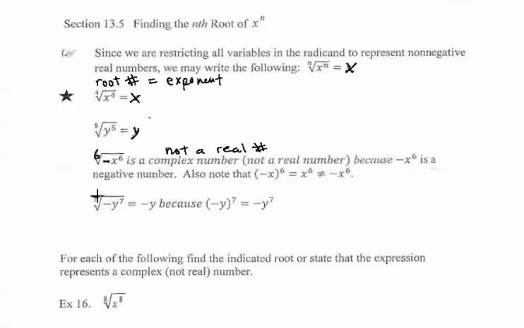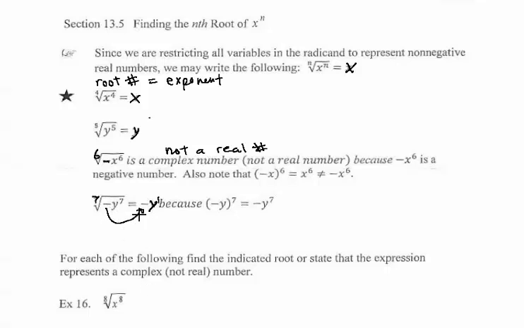However, if the root number is odd, such as the 7th root, then we just simply take the negative to the outside and we say 7 divided by 7 is 1. So out front, we just write a y to the first power. We just take the base. If the index matches the exponent, you just take the base.